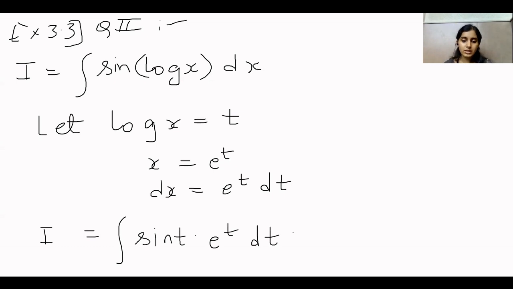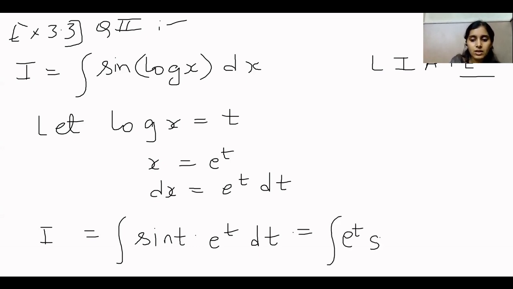Sine t e raised to t. Now also remember the LIATE rule over here. So LIATE rule says that exponential should be in the end. So yes, it's in the end and trigonometric first. You can directly do the integration of this function. Also, if you integrate it in this form, e raised to t sine t dt, then you get an easier answer or easier integration, I would say.